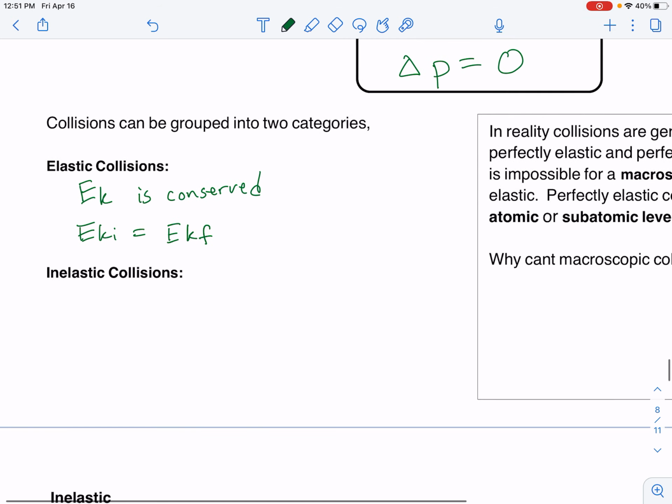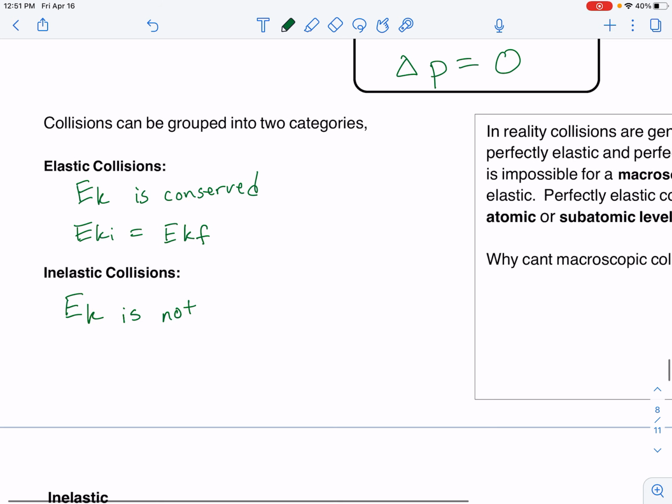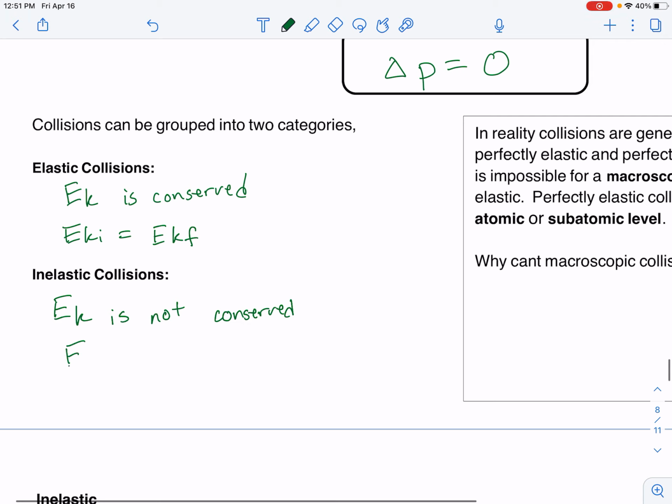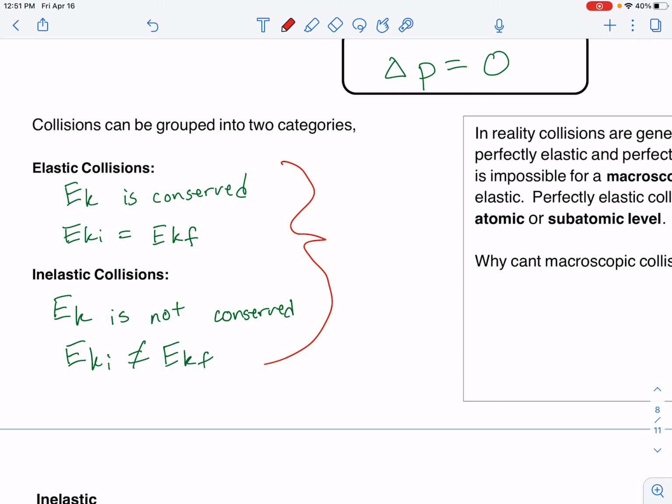If we have an inelastic collision, that means that kinetic energy is not going to be conserved. So our initial kinetic energy is not equal to our final kinetic energy. Now keep in mind, in any of those cases, momentum is always conserved, and total energy is always conserved.